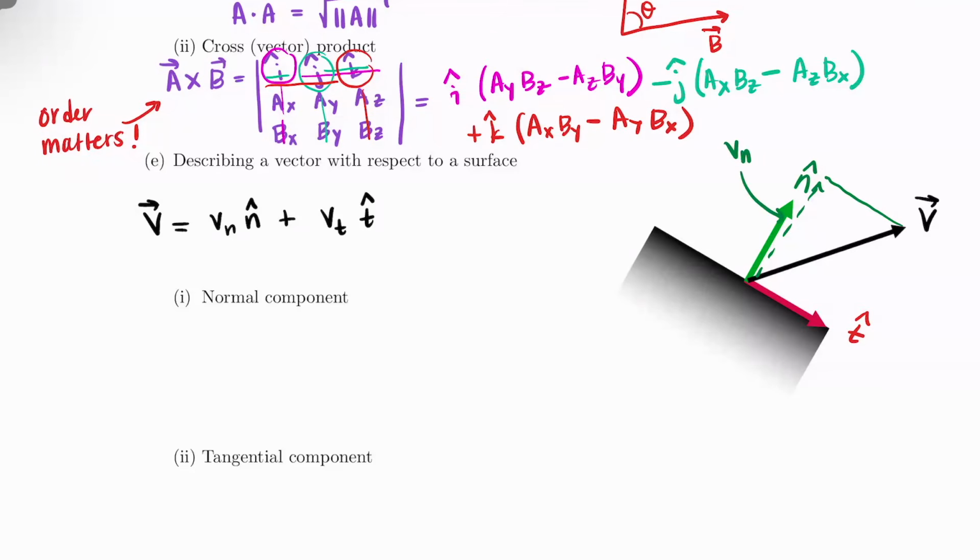And then if we do that same thing in the tangential direction, so I'm going to make another right triangle. And this is our Vt. All right, so keep in mind, this is a right angle. This is a right angle. So we're projecting our vector into those two different directions. All right, and so this is our normal component.